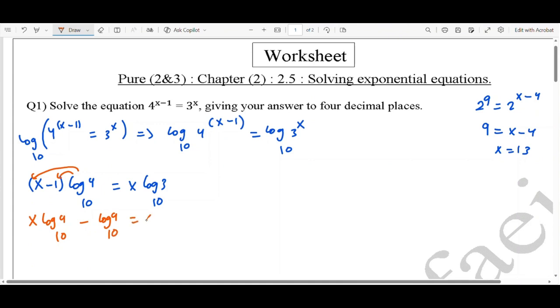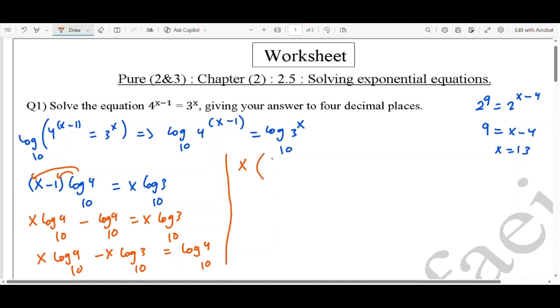I'm going to combine the x terms. x log 4 to the base 10 minus x log 3 to the base 10 equals log 4 to the base 10. I'm going to have x as a common factor. x, open bracket, log 4 to the base 10 minus log 3 to the base 10, equals log 4 to the base 10.